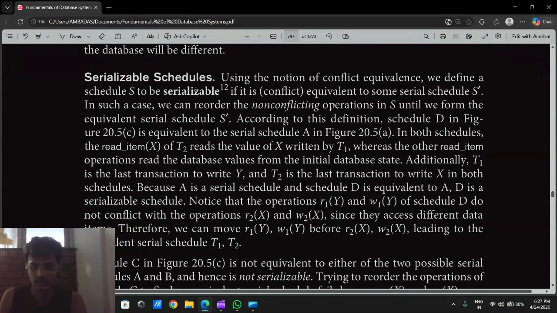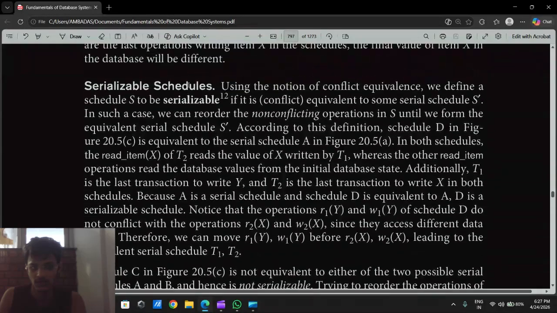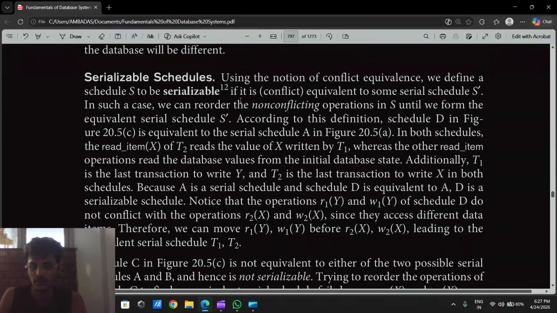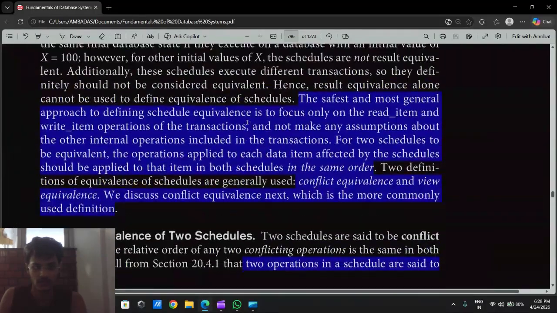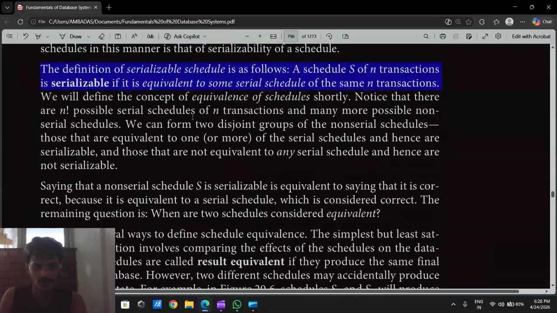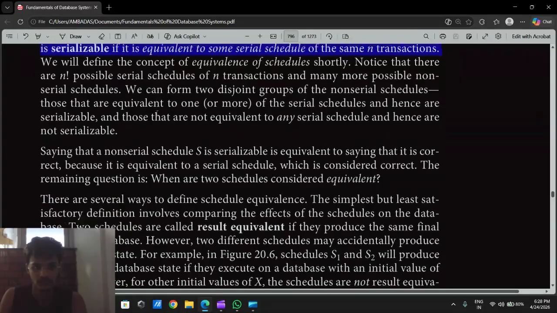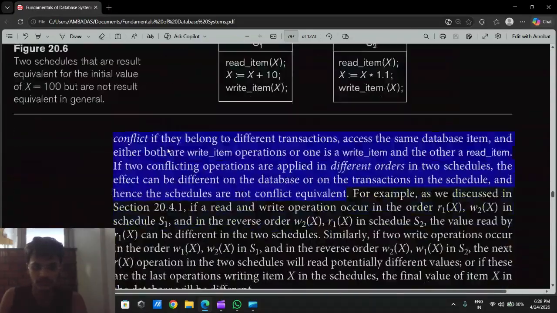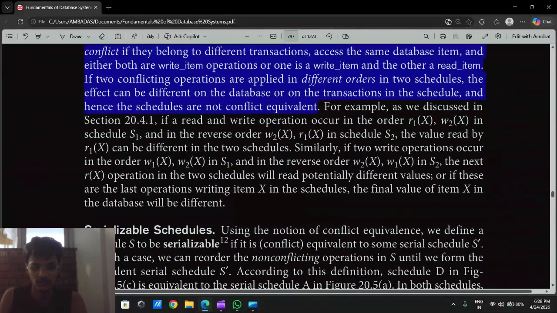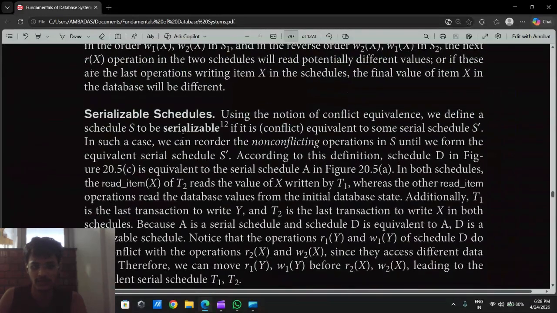Serializable is nothing but the schedules which can be converted into serial schedules. And a serial schedule is nothing but each transaction occurring consecutively.